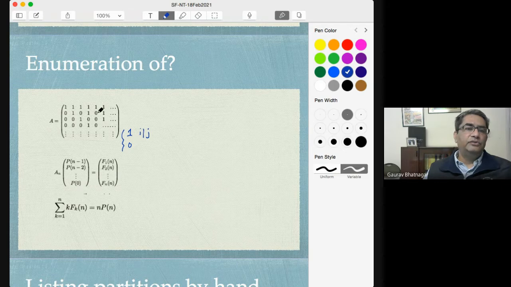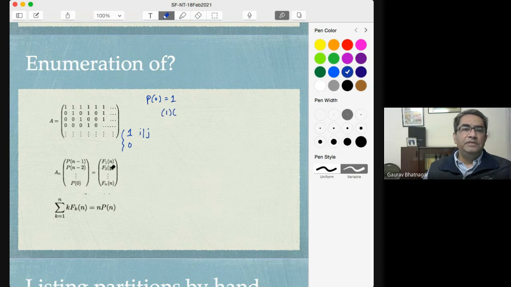equations. So A_n is you take n columns and n rows, and then there are some sequences which form p0 to p_{n-1} and f_{1,n} and so on. And there is one additional condition which is required. So let me just start from here. We assume p0 is 1, and we take n equal to 1, so that's just a 1 matrix.